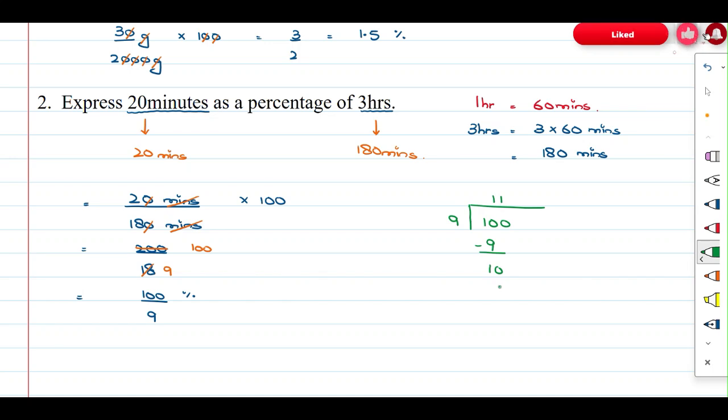Again 9 times 1 is 9, subtract, 1 is left. A decimal, a 0, bring the 0 down. Again 9 times 1 is 9, subtract, a 1, and so on. It means 1 is recurring. So this is basically equal to 11.1 recurring percent, meaning 1 is repeating, right?